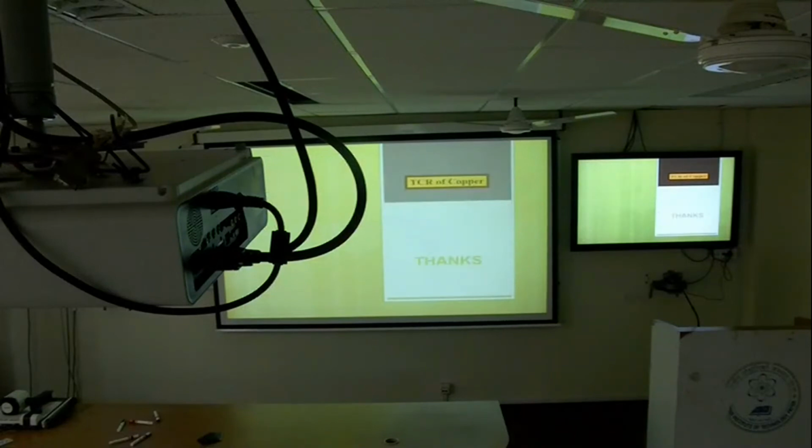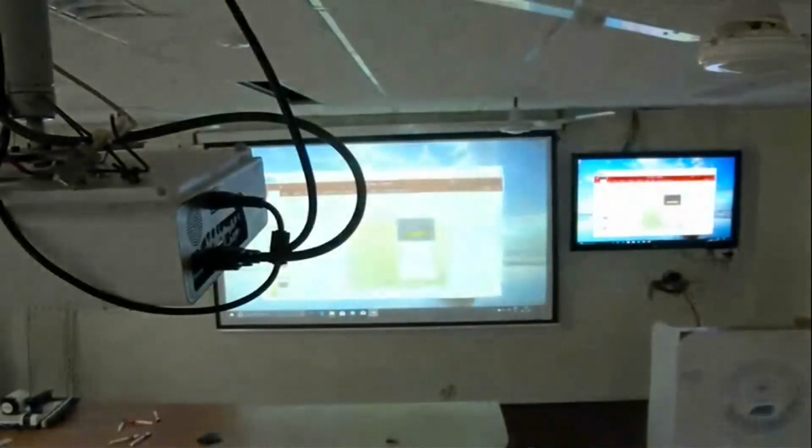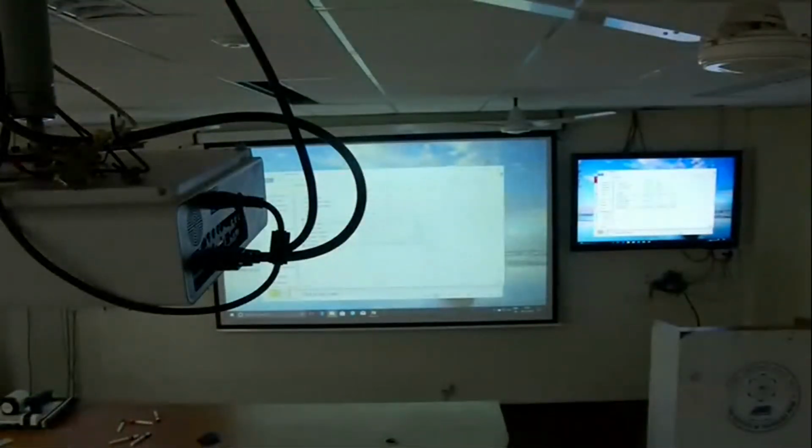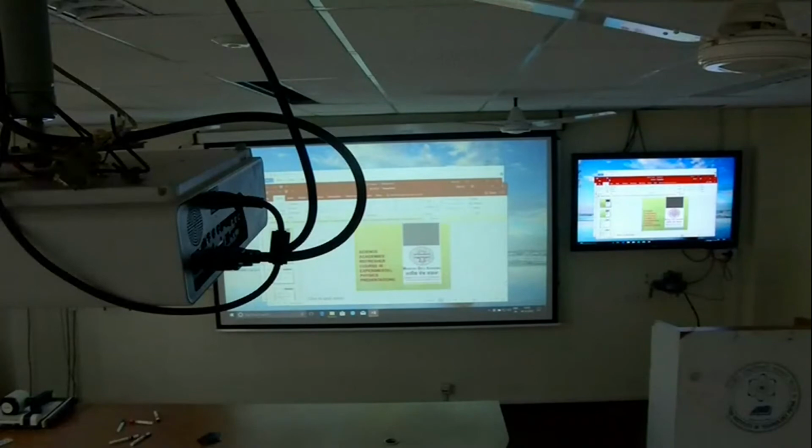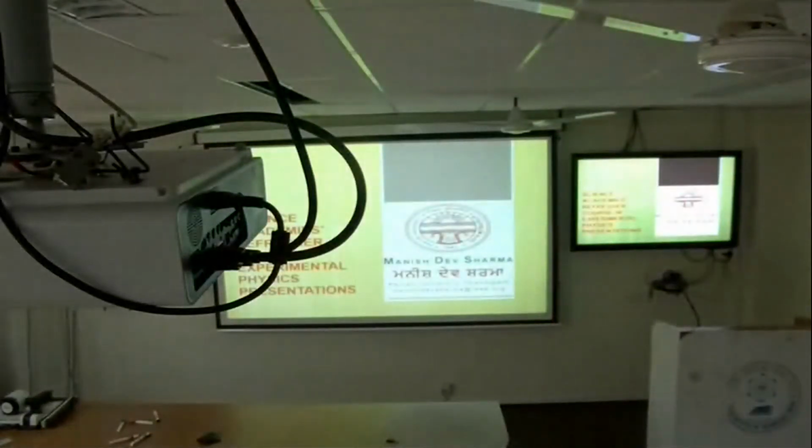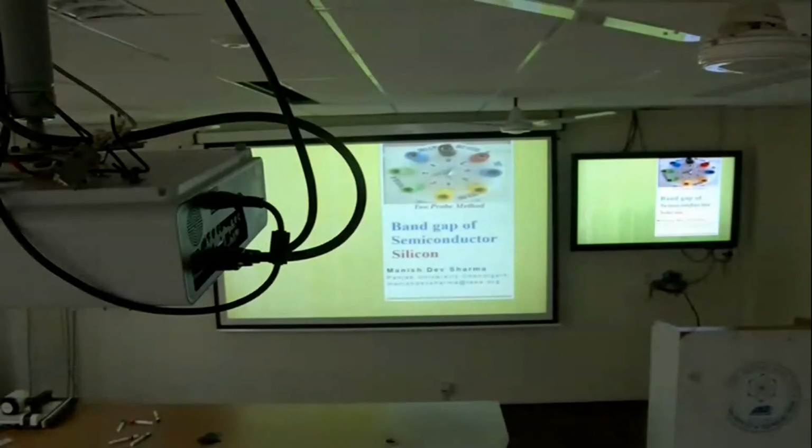The other thing is, this is a picture. In the last one it was not shown, you can see here. Actually the setup of both is the same.